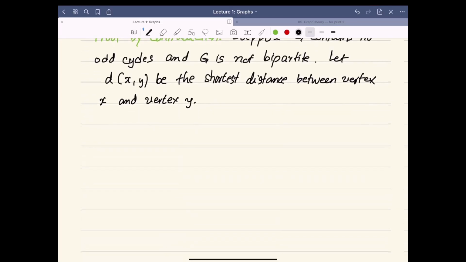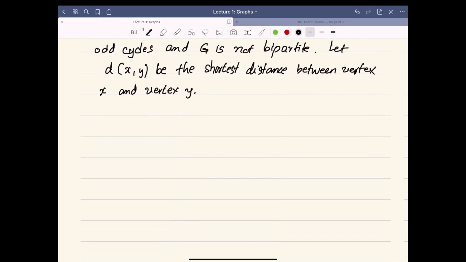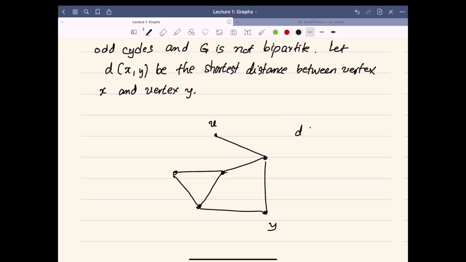What do we mean by the shortest distance? I will demonstrate with an example. Imagine we have the following graph. This is x, and this is y, with another vertex here. What will be the distance from x to y? I can go from x to y through different routes.